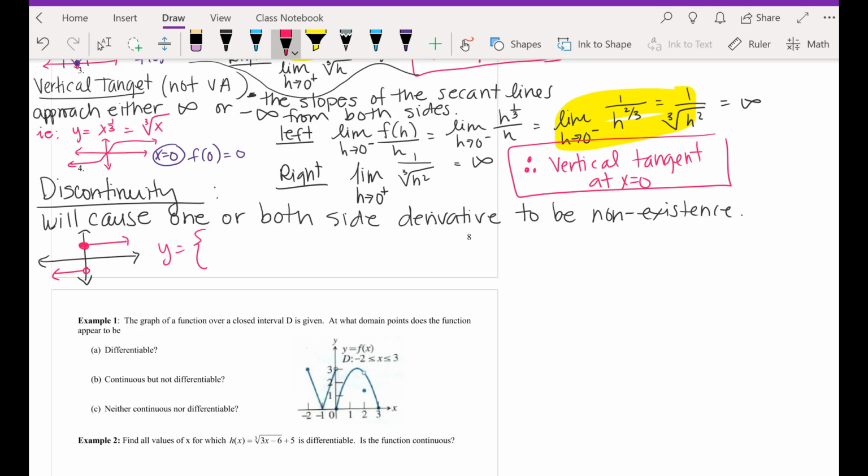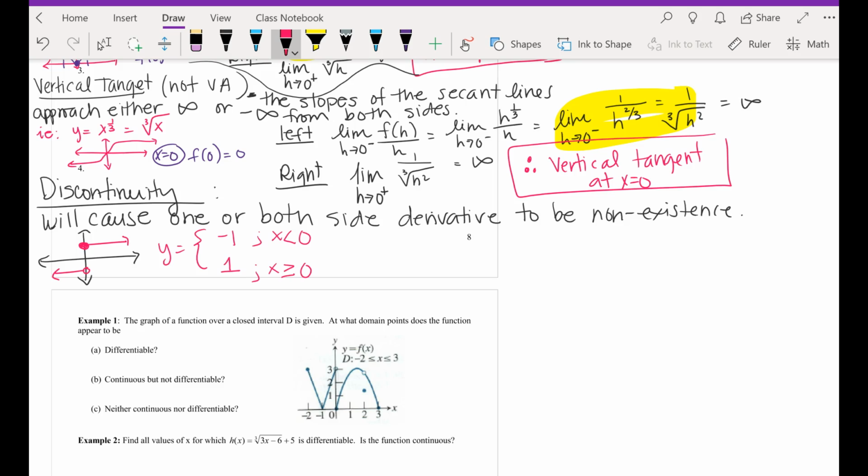How about that? y is, on the left-hand side of 0, so when x is less than 0, the output is always -1. True or false? On the right side, including the dot, greater than or equal to 0, the output is always 1. As you can see, the y value on the left is always -1, but the slope is always 0, not including the 0 point, obviously.